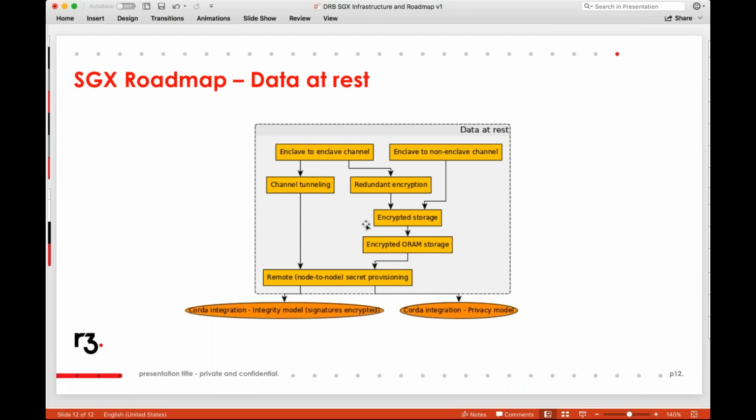And we need to implement the actual storage of the blobs somehow. I also put in the ORAM storage. There are some papers about how to do ORAM storage using SGX, so that you cannot even infer anything from the access patterns.